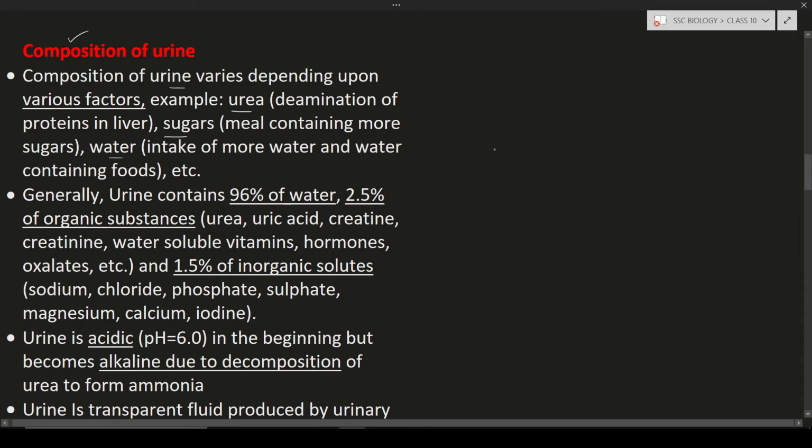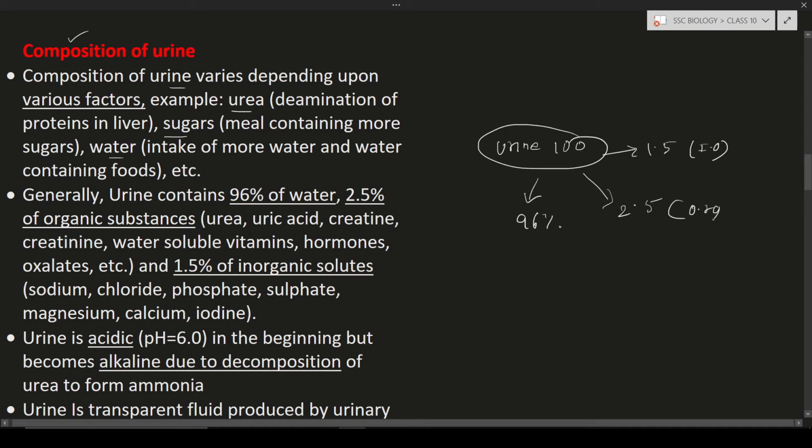Okay, so generally, let us consider this is urine. In the urine, out of 100 percent, 96% is water, that is H2O, 2.5% is organic substance, and 1.5% is inorganic.